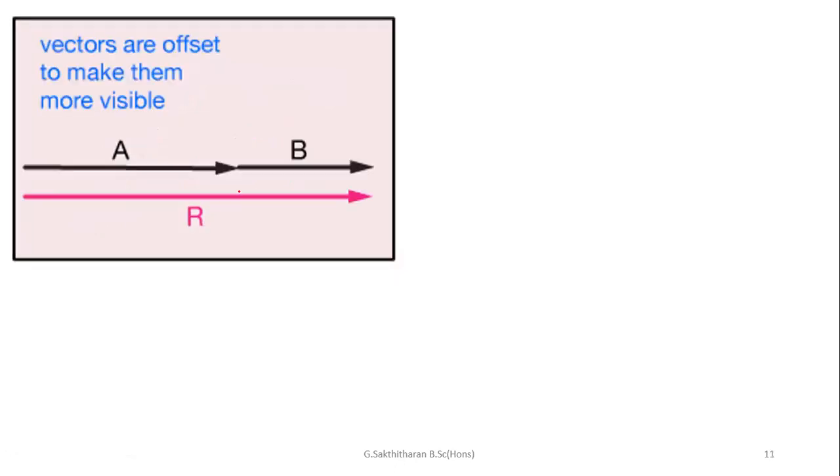And here also the vector A and vector B have a same direction. Now we can get the resultant in this direction. So resultant vector is A plus B, vector A plus vector B.